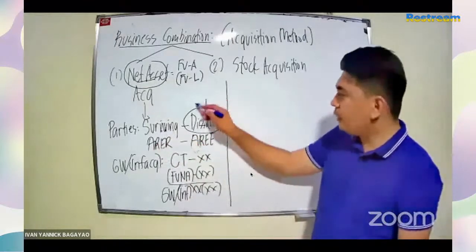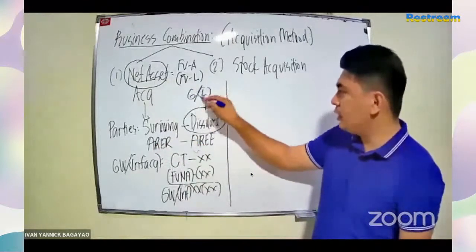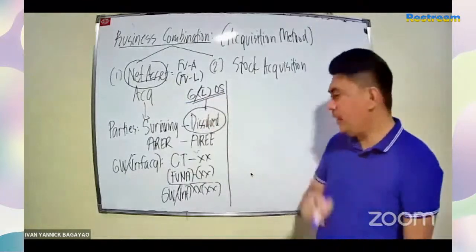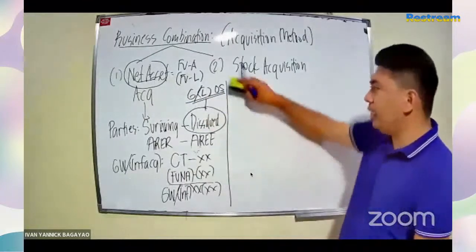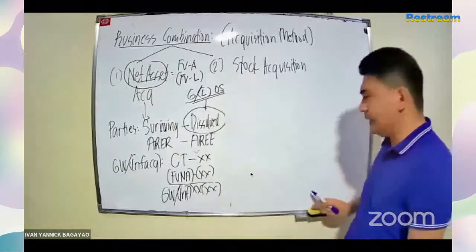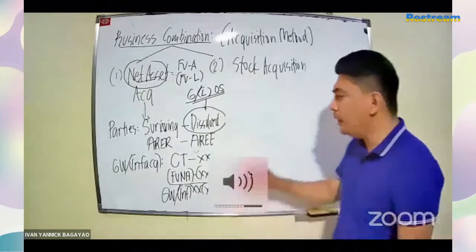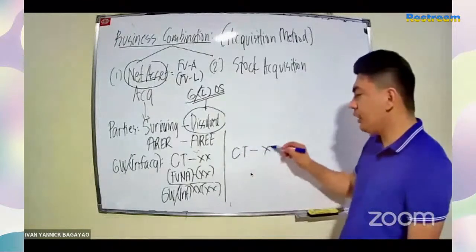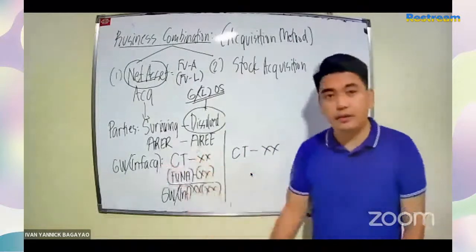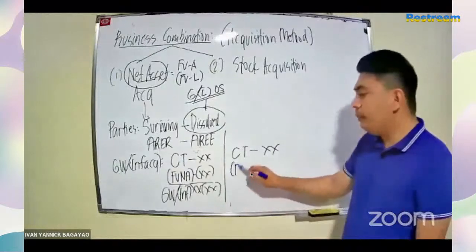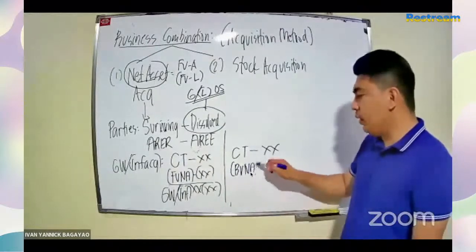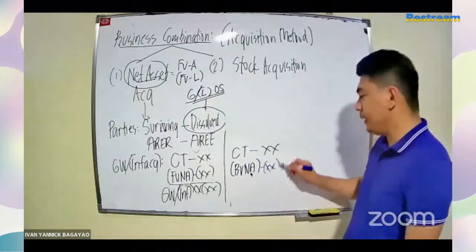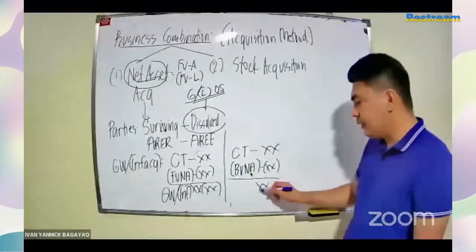What can possibly be asked here is gain or loss on sale. If gain or loss on sale is asked in the problem, in your board exam, all you have to do is compare the consideration transferred, what the surviving paid, minus the book value net asset of the seller, the acquiree. If higher, then you have a gain.